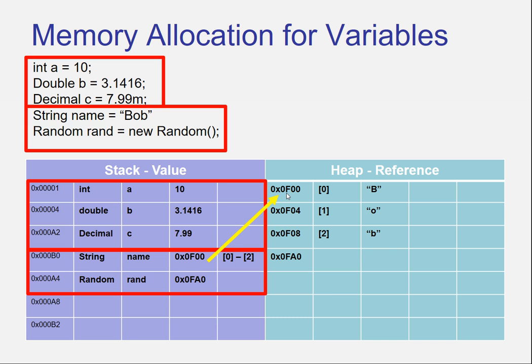It's referencing an address, like a location of where that is in the memory, and it's dimensioning out 1, 2, 3 here. That's why it's 0 to 2. It's referencing out 3, and then random would do the same thing. So these two here are reference types because the data is actually up on the heap memory. All right, so I hope that makes some sense, and I'll see you guys in the next video.